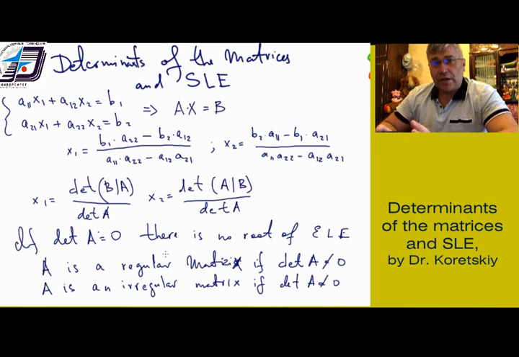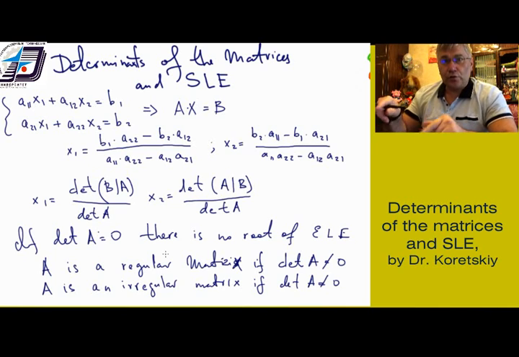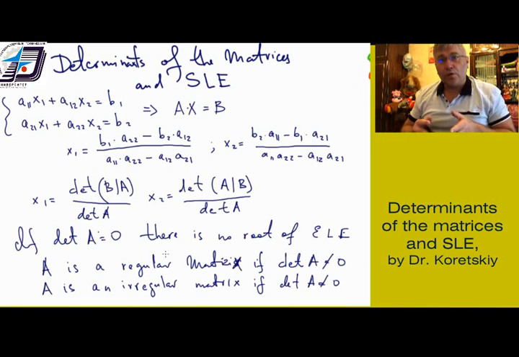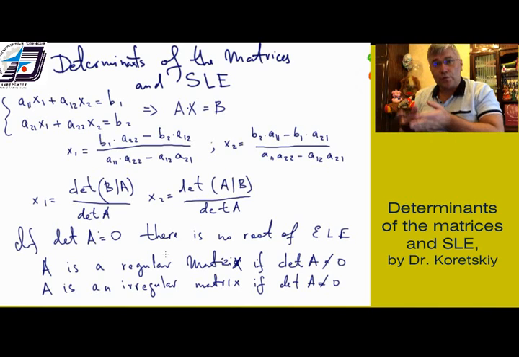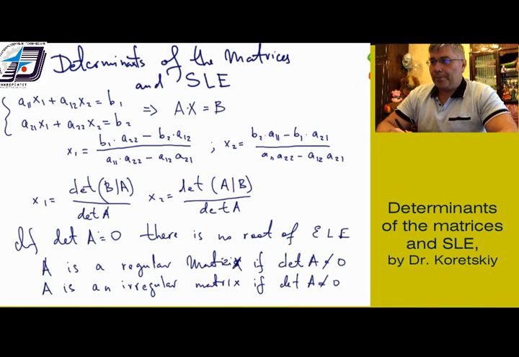So the first step, if you have a system of equations, you have to construct matrices A and B. You have to check if determinant A equals 0 or not. And after this, you are ready to calculate the roots of the system of linear equations. Okay. So here I use some other ink, green ink.